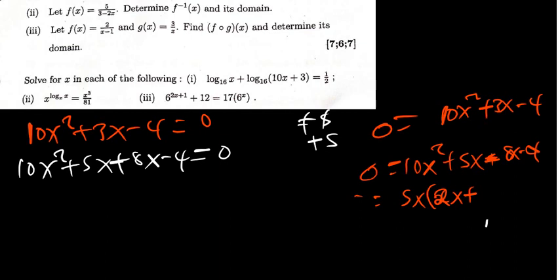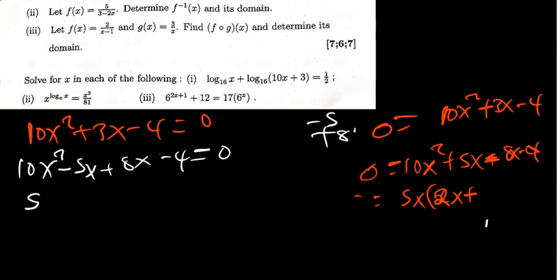Vice versa. Yes. Negative 5 and positive 8. So meaning here I'm supposed to put 10x squared minus 5x plus 8x minus 4.